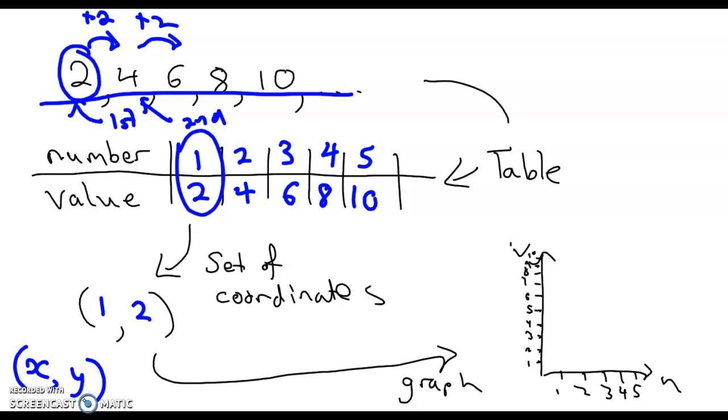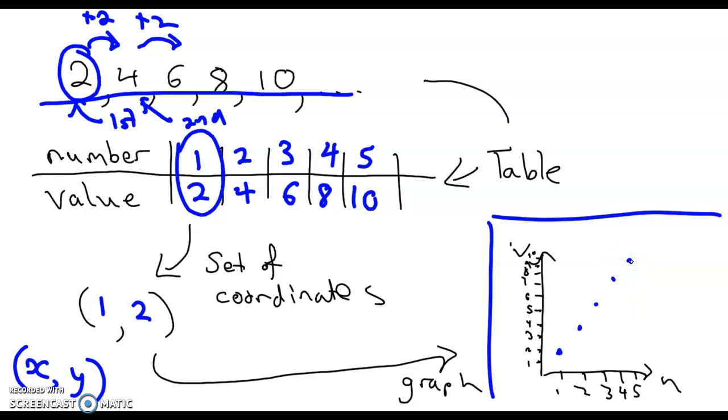And so we can actually plot this sequence of numbers onto the number plane. Now I've just put the first quadrant of a number plane down here on the bottom right. And so I can just plot these points, the point 1, 2, the point 2, 4, 3, 6, 4, 8, and 5, 10.